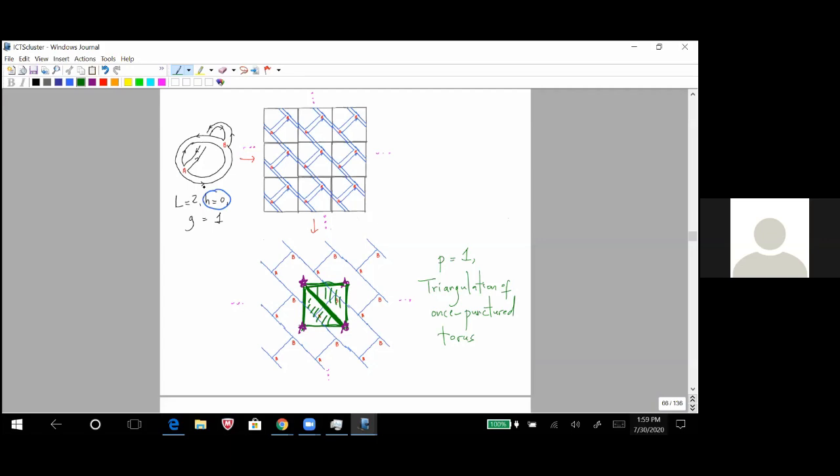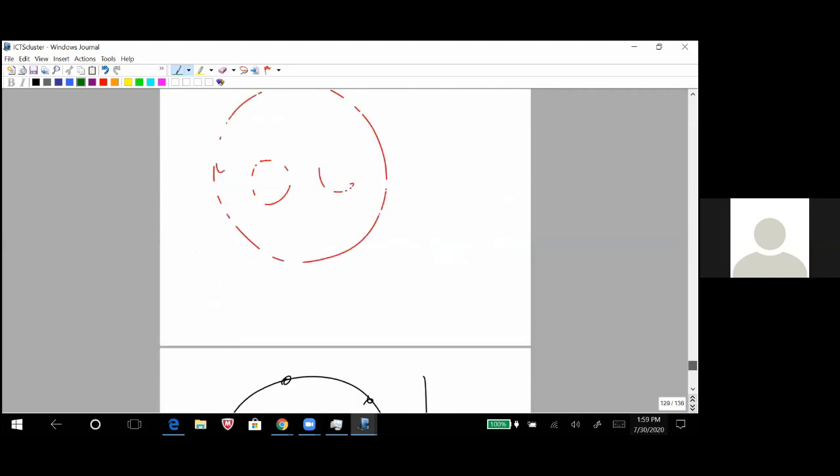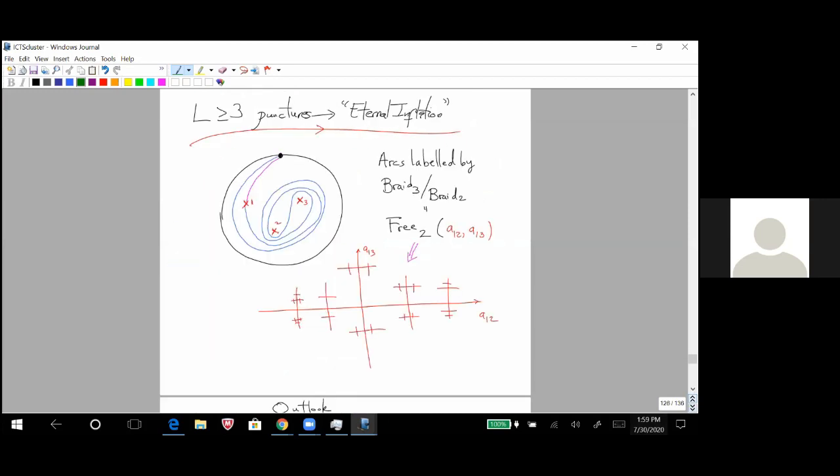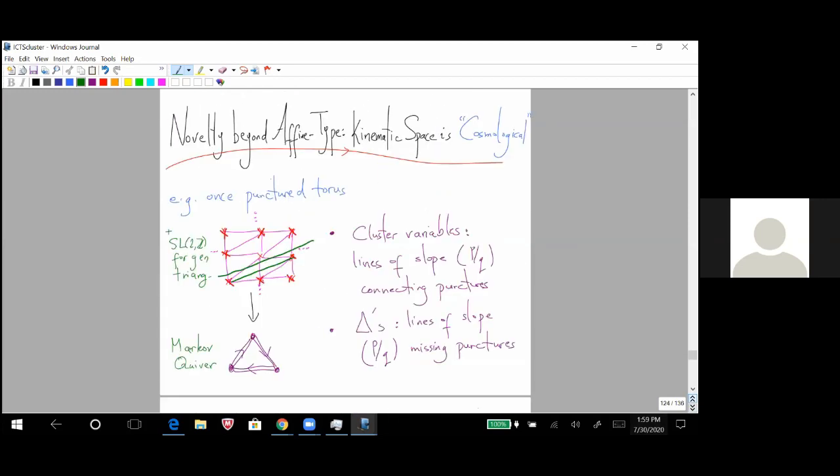This particular two-loop vacuum diagram I draw on a torus, I draw its dual triangulation, was exactly a once punctured torus. So already in this very simple case, non-planar two-loop, we start seeing this phenomenon of an infinite number of cluster variables and an infinite number of deltas even.